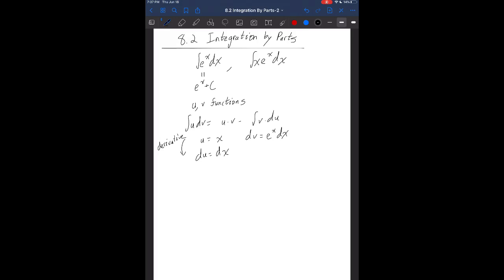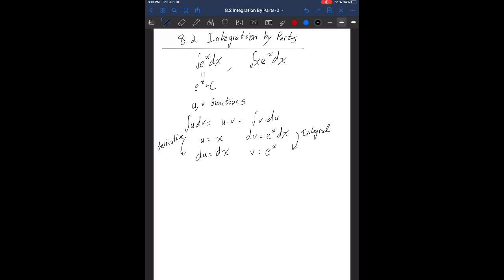Similarly, if we would like to get v from dv, we are going to take an integral. Well, the integral of e to the x is still e to the x, so v equals e to the x. Okay, so plugging things into our formula, we have it as desired, right?